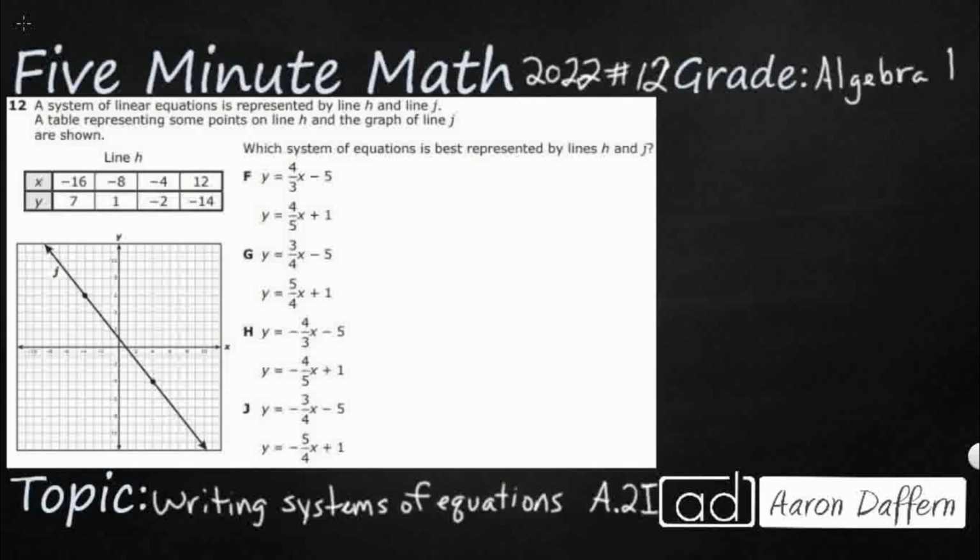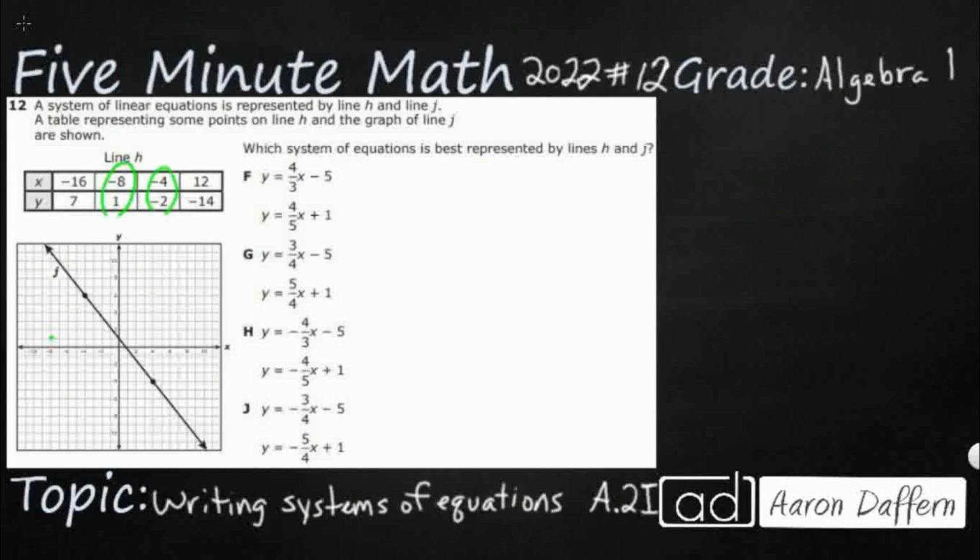So we have a system of linear equations represented by line H and J. J is already on the grid for us, but H is just a series of points. If we wanted to, we could graph this. It'd be kind of small, but my x of -8 and my y of 1 would be right around there. Then x of -16 is off the grid.